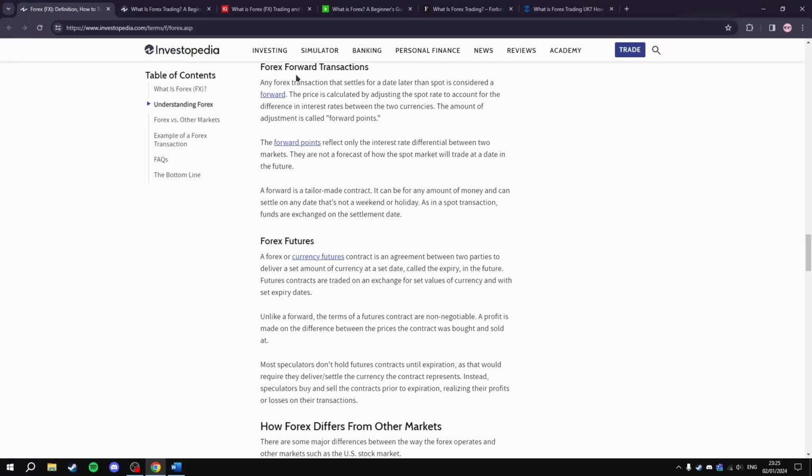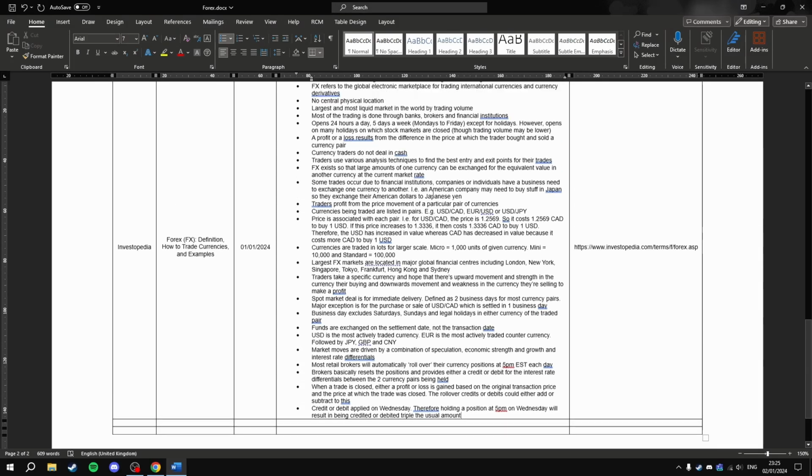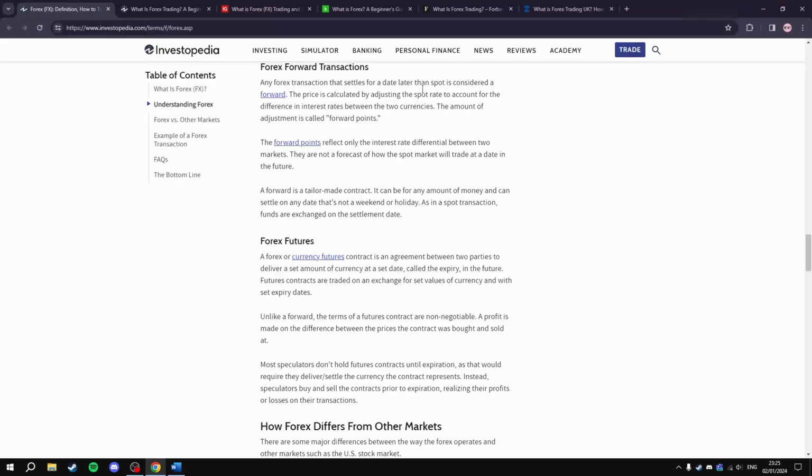Forex forward transactions: any Forex transaction that settles for a date later than spot is considered a forward.